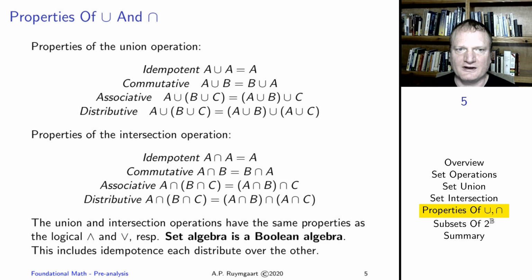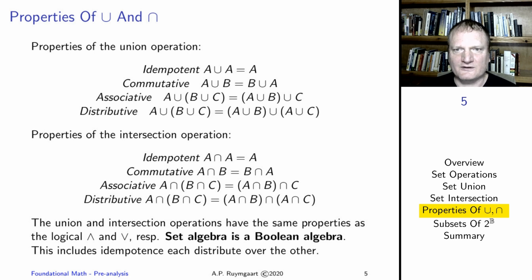So A union A is just A. Now, the intersection of A and A is also A. Remember, it's the set of common elements, but A has all elements in common with itself. So the intersection is idempotent as well.